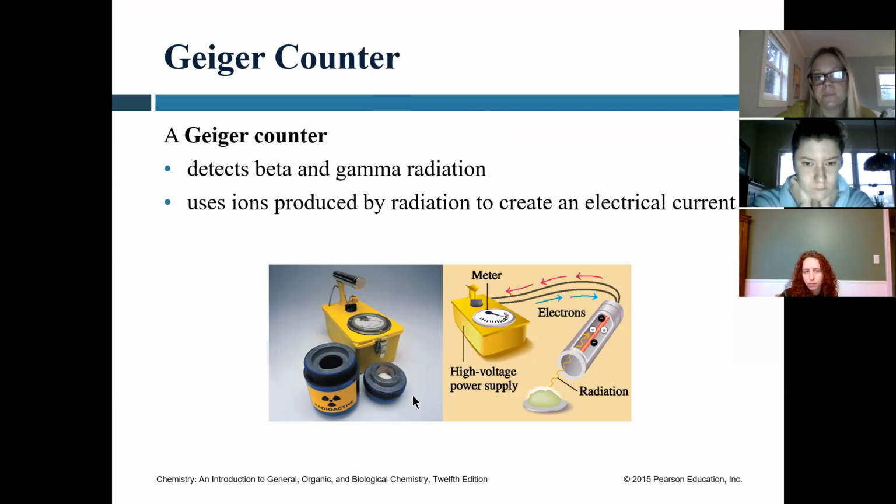It has some sort of cathode here that when gamma rays or beta rays, the more detrimental ones, hit this cathode, it will ping an electrical current, which will then move back towards some sort of meter or receiver, and then the receiver will indicate that there is radiation. Usually it's a click sound.